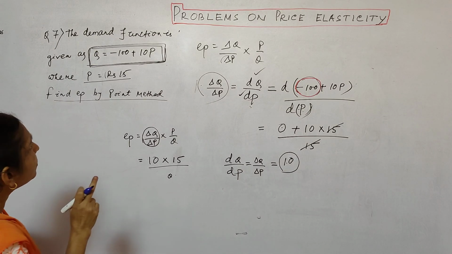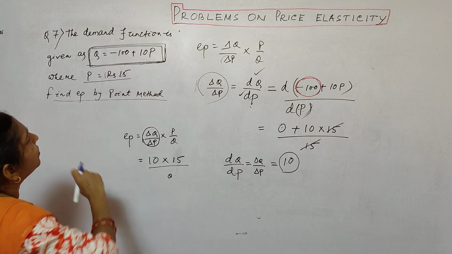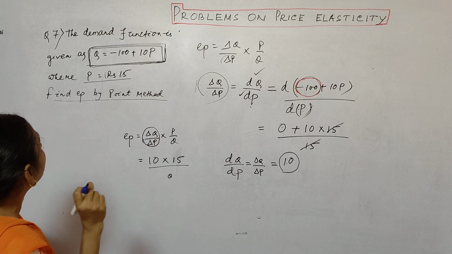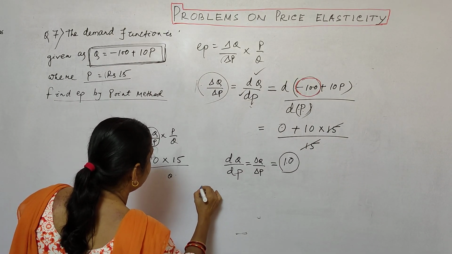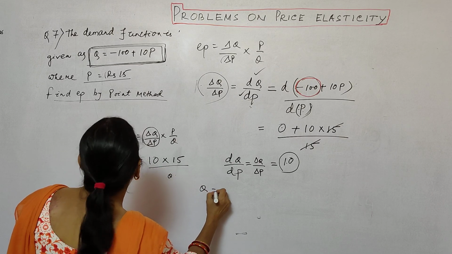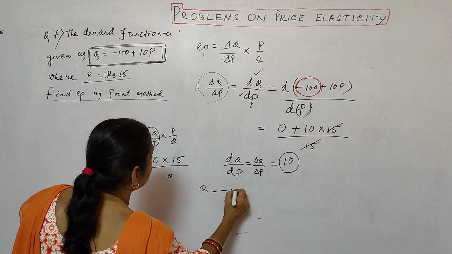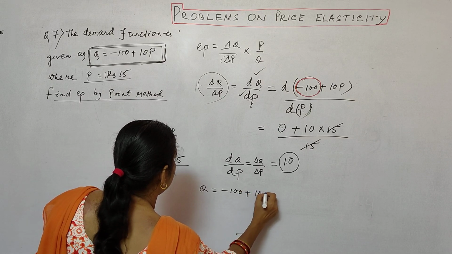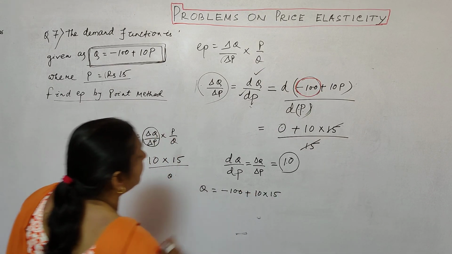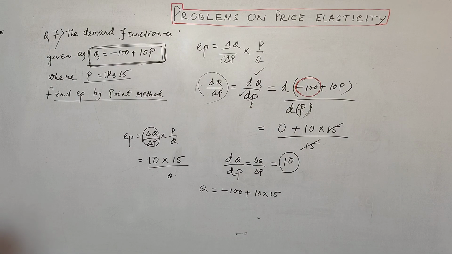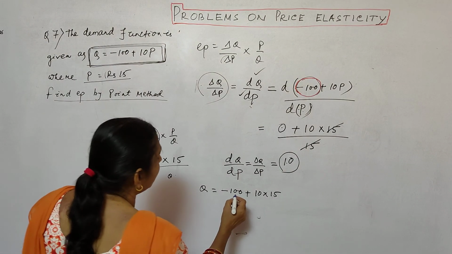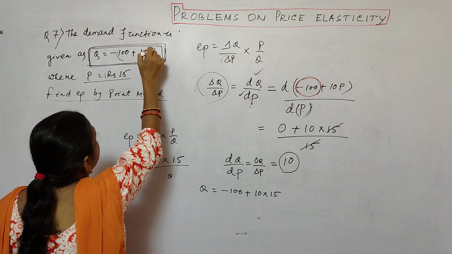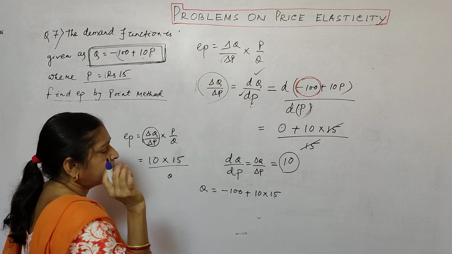Now we will find out the actual value of Q. It is in the derivative form, but what will be the actual value of Q? So Q equal to minus 100 plus 10 into 15. We have substituted the value. Minus 100 plus 10 P is your 15.